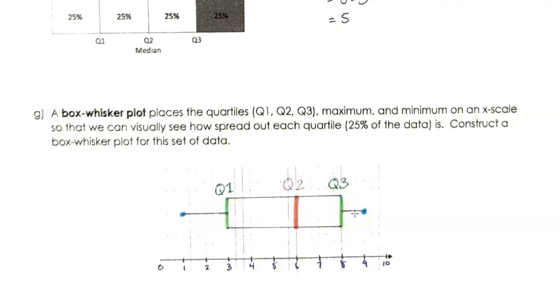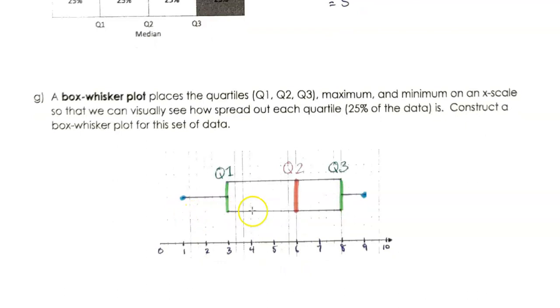By drawing this, it shows you A, the range of your data, B, where the middle of your data is, and C, the spread of your data. See how it's quite spread out on this side, and not as spread out on this side. So it shows you the spread of your data.